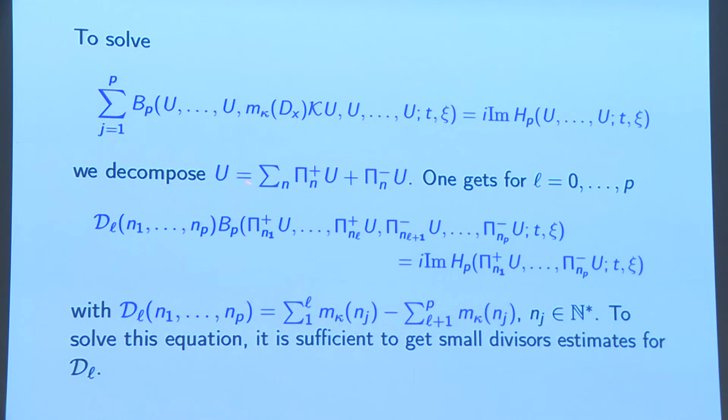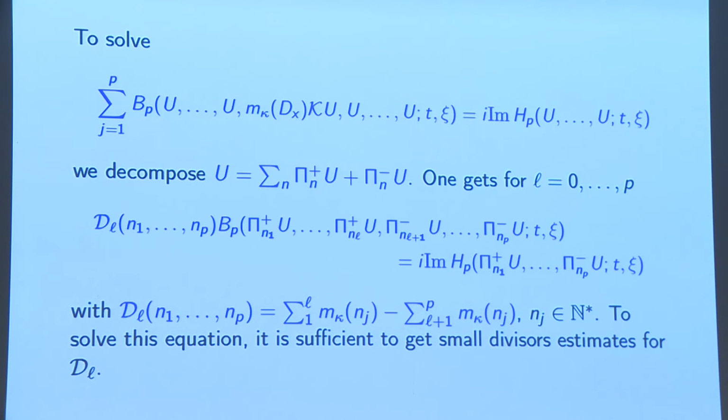So that finally, when you compute this left-hand side, where you replace each argument by a spectrally localized one, what you obtain is just BP computed at these arguments multiplied by some function, dl, which is just given by this sum from m kappa of nj from 1 to L minus the same sum from L plus 1 to P.